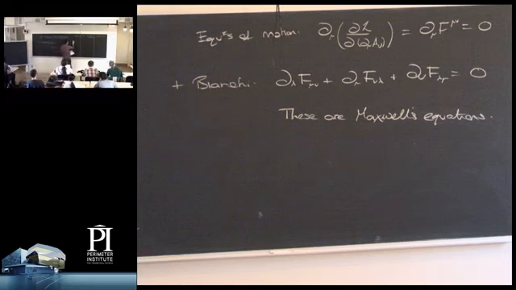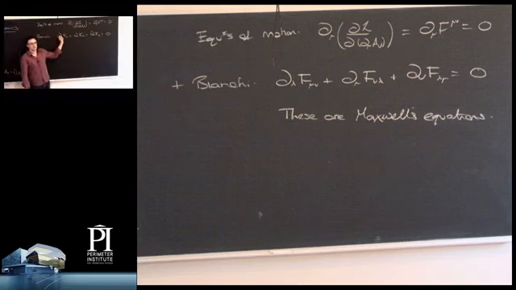Of course, we should add to this the Bianchi identity. So this is an identity that just follows by plugging this definition of F into here and noticing that derivatives commute with each other. So d mu d nu is the same as d nu d mu.